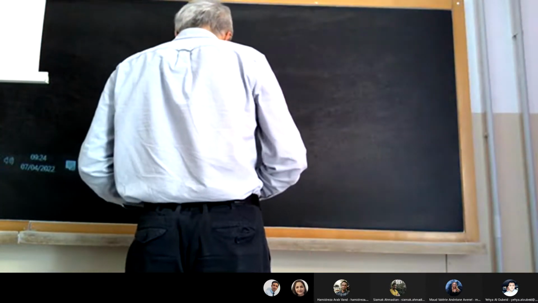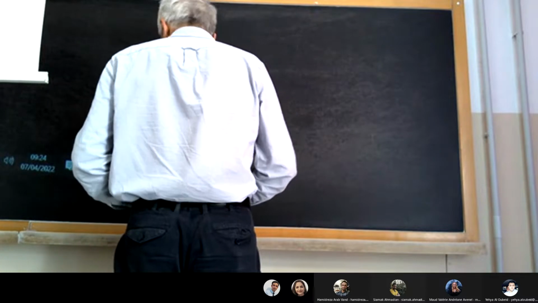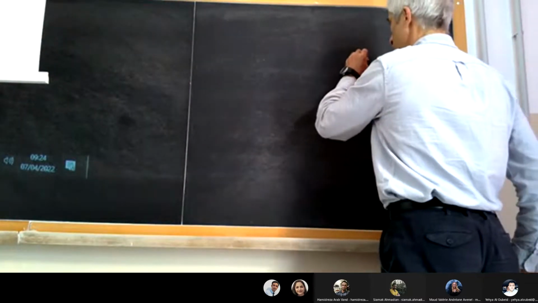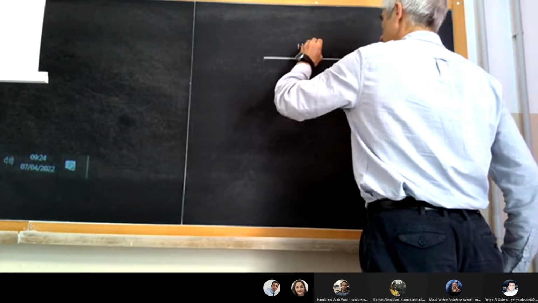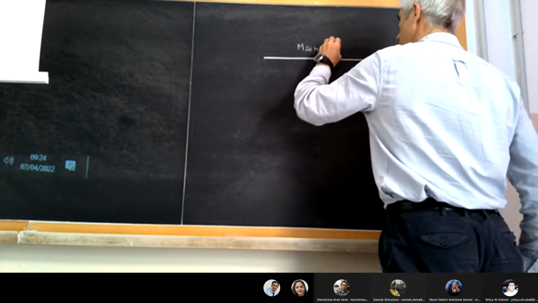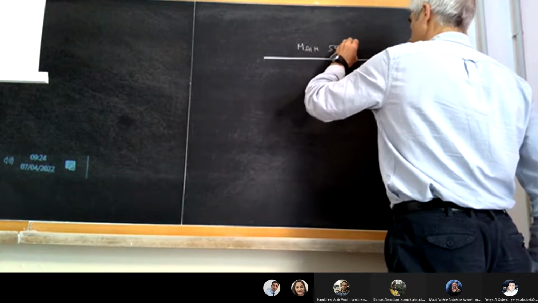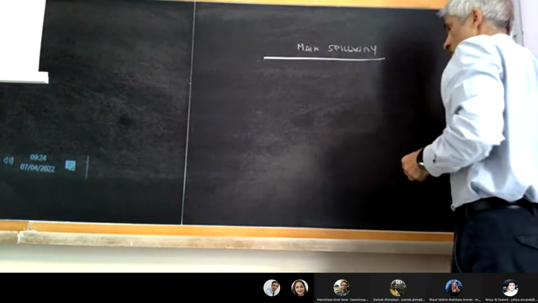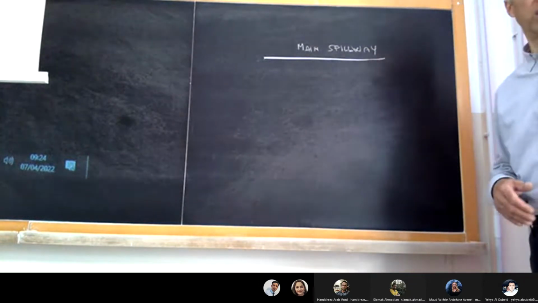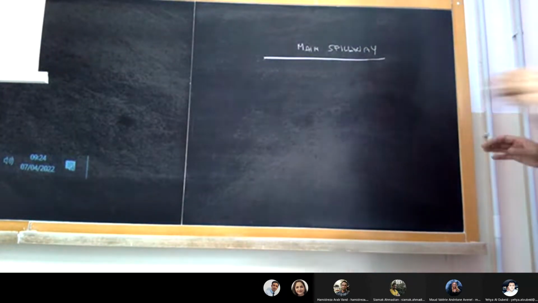Let's try to make a sketch, a frontal view from downstream of the barrage. Basically, you have the main spillway here, which is conceived to evacuate the flood flows, as I said.